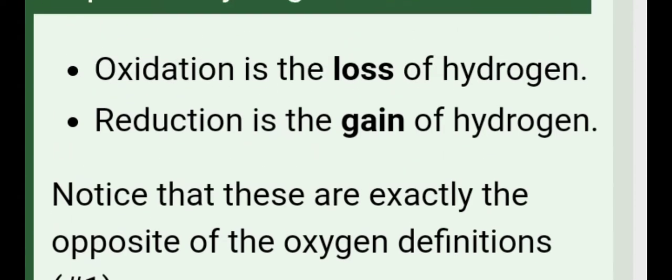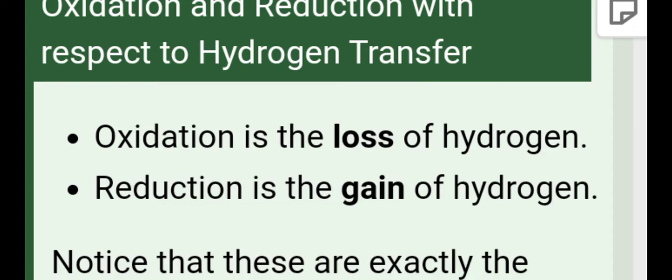In the oxygen definition, there is addition of oxygen in oxidation, while removal of oxygen in reduction. So removal of oxygen and addition of hydrogen is reduction. In oxidation, addition of oxygen occurs, while removal or loss of hydrogen occurs.